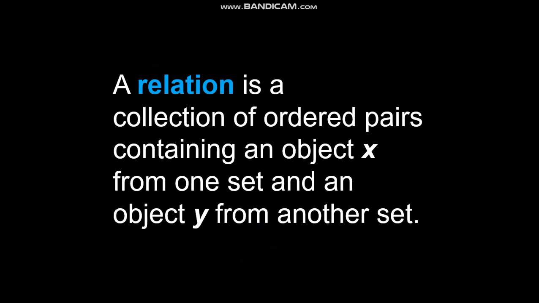So the example of my circle machine, right? I have my input, the green rectangle, along with the output, the green circle. I have a blue circle from X as the input, a blue circle Y as the output. Right? Everything is in pairs. That's called a relation.